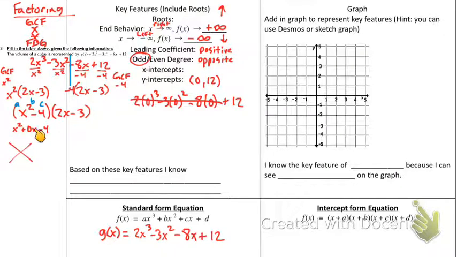A times C is 1 times negative 4. That's negative 4 on top, 0 on bottom. What multiplies to negative 4 and adds up to 0? That's easy, negative 2 and positive 2.